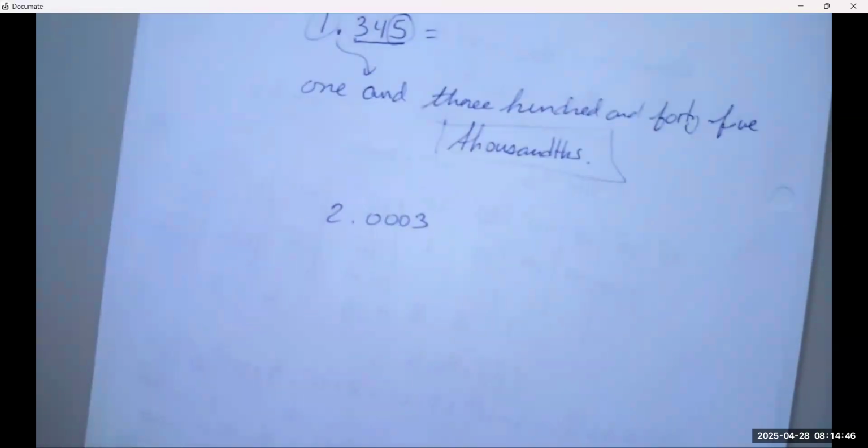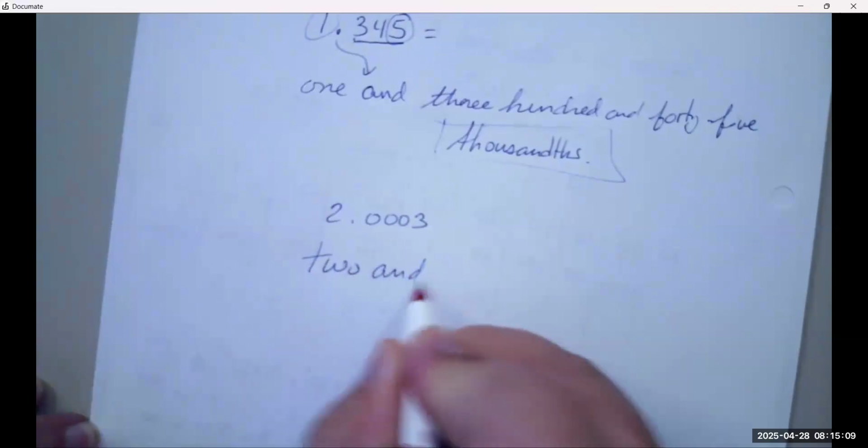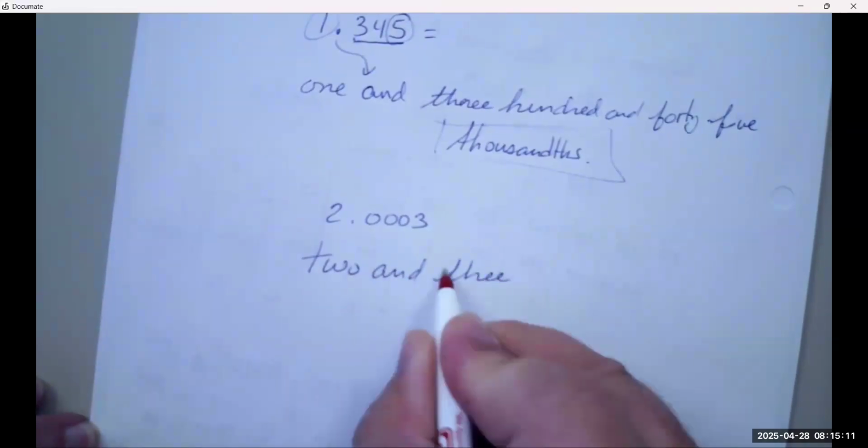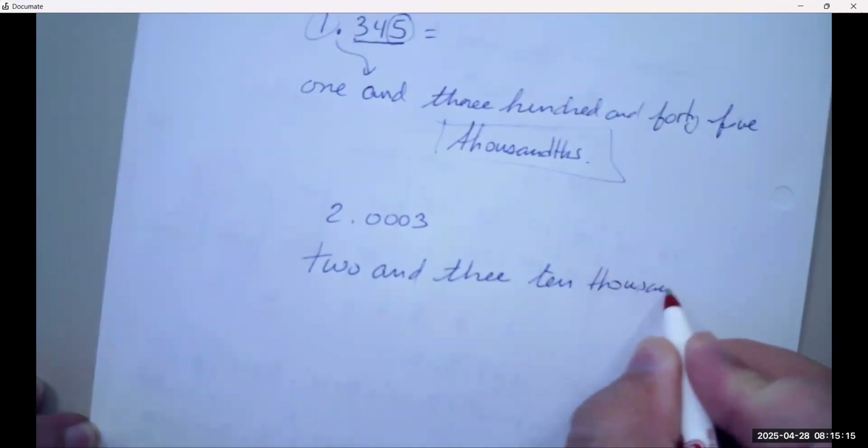How about this one? Got it? 2 and 3 10,000ths.